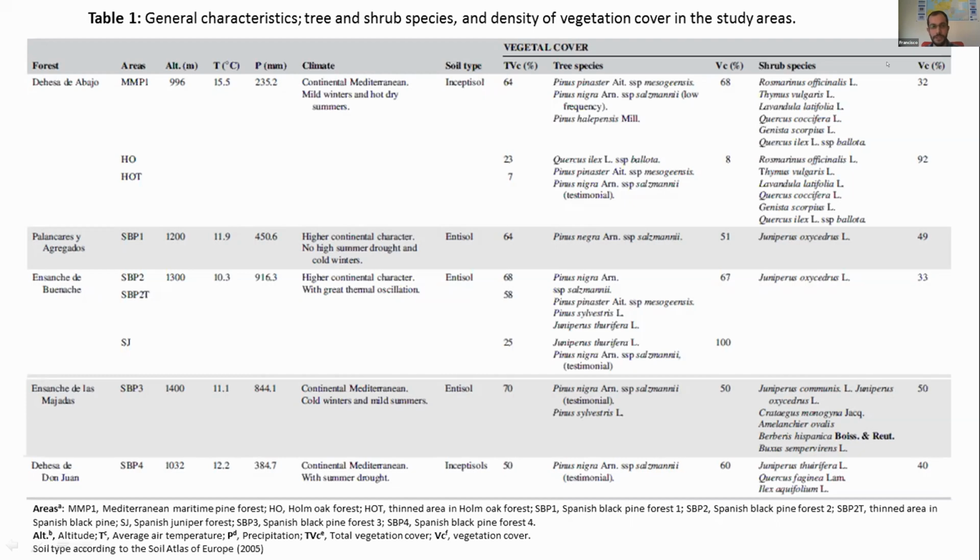If you see in this table, the study areas are located in an altitude range that varies between 900 and 1,400 meters. We have found two main soil types, which are the inceptisols and the entisols, and the shrub species that appear with the forest are mainly the same, but with some slight changes in the species depending on the place that we have found them.